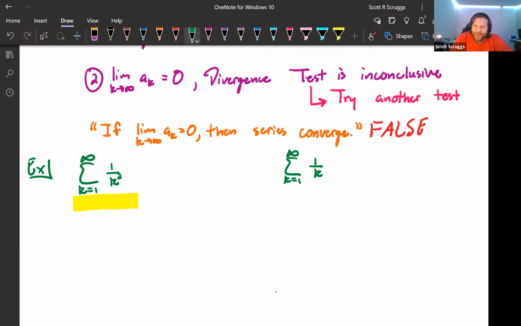That's a common thing that I will do to check. But right, yes, guys, it's going to converge by the p-series test because p is equal to 2, which is strictly greater than 1. So I'll write that in pink.